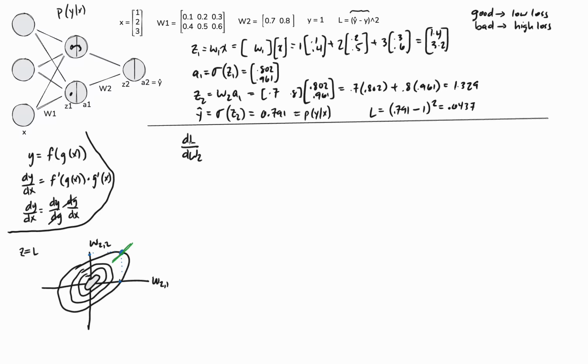So this derivative, as we'll see, will be a vector of the same size as W2. And so we can visualize that vector in this same parameter space as the direction of the maximum slope of this topology, which again is the loss function.